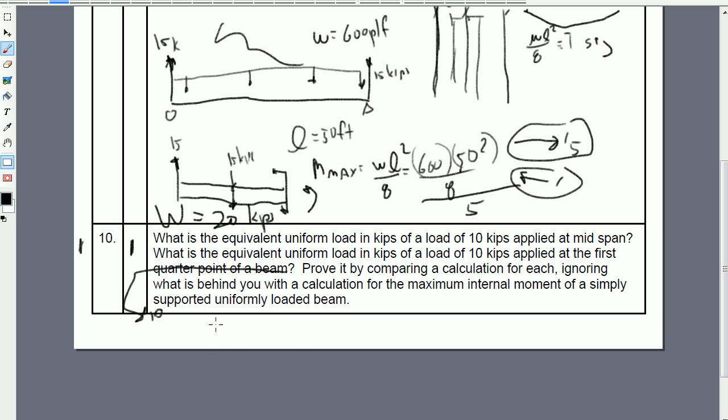Now what you end up doing, however, is learning to, on that first one, put in that 10 there. I'm going to run out of space there. And of course you get 5 there and 5 there. Figuring out what that moment is, it's 5 times mid-span.